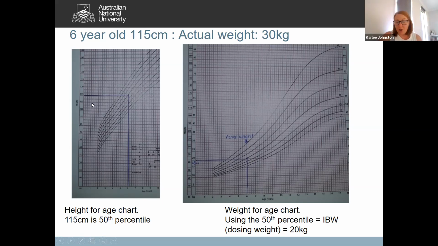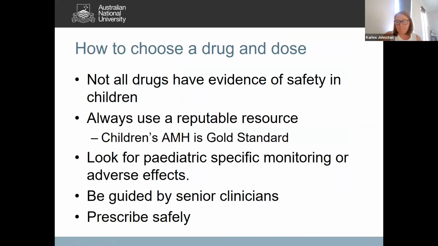If her height was on the 75th percentile, then we would go to 6-year-old on the 75th percentile, and we would dose based on that. So we match her percentile for height with her percentile for weight, and that is then the dosing weight. Hope that makes sense, and you'll have an opportunity to practice some of that.